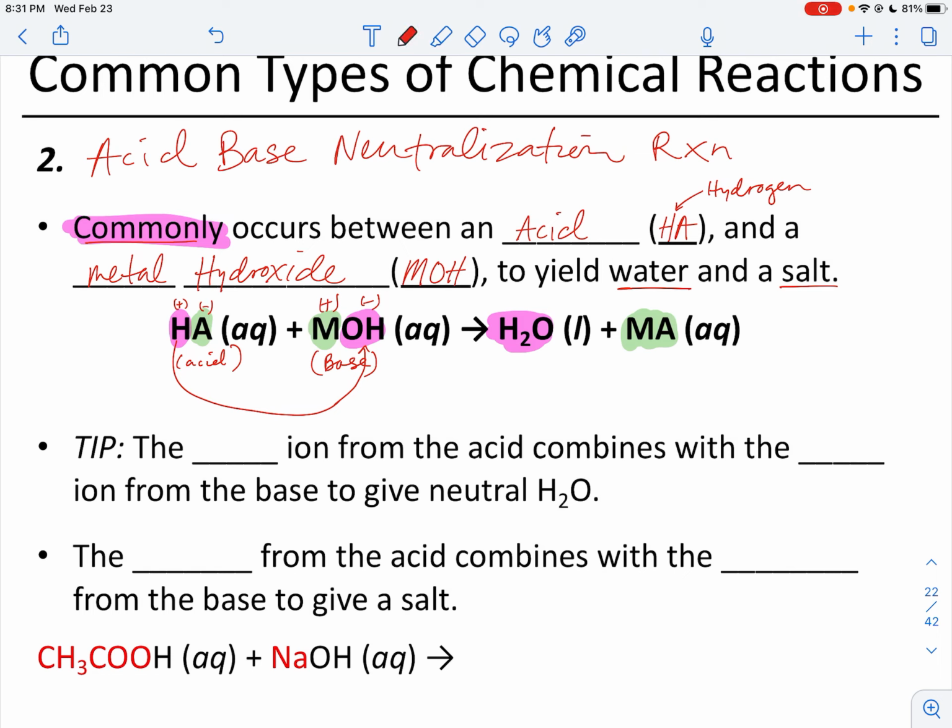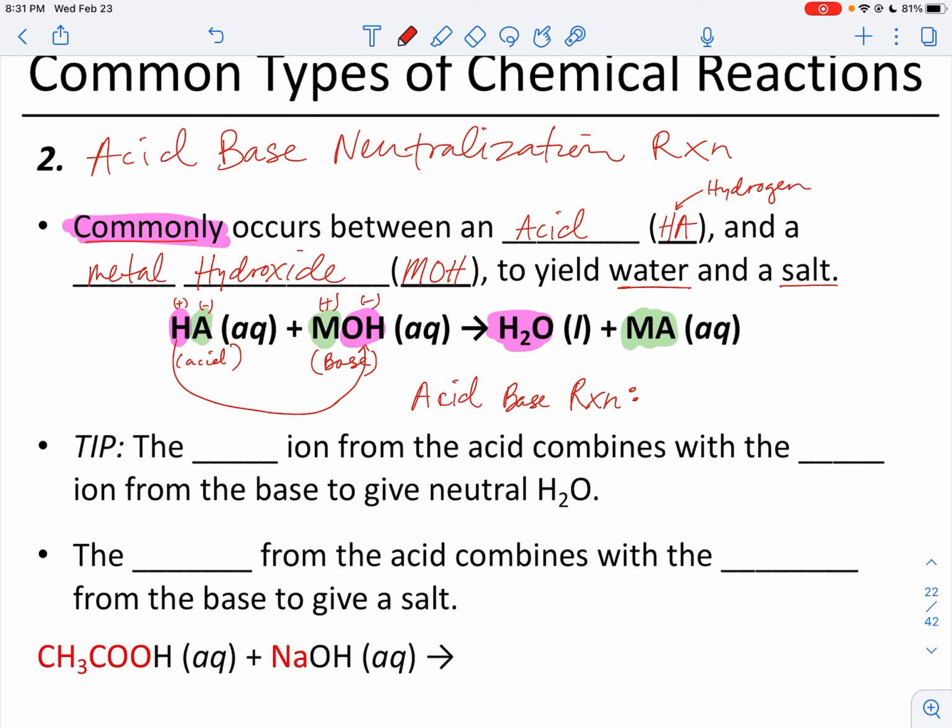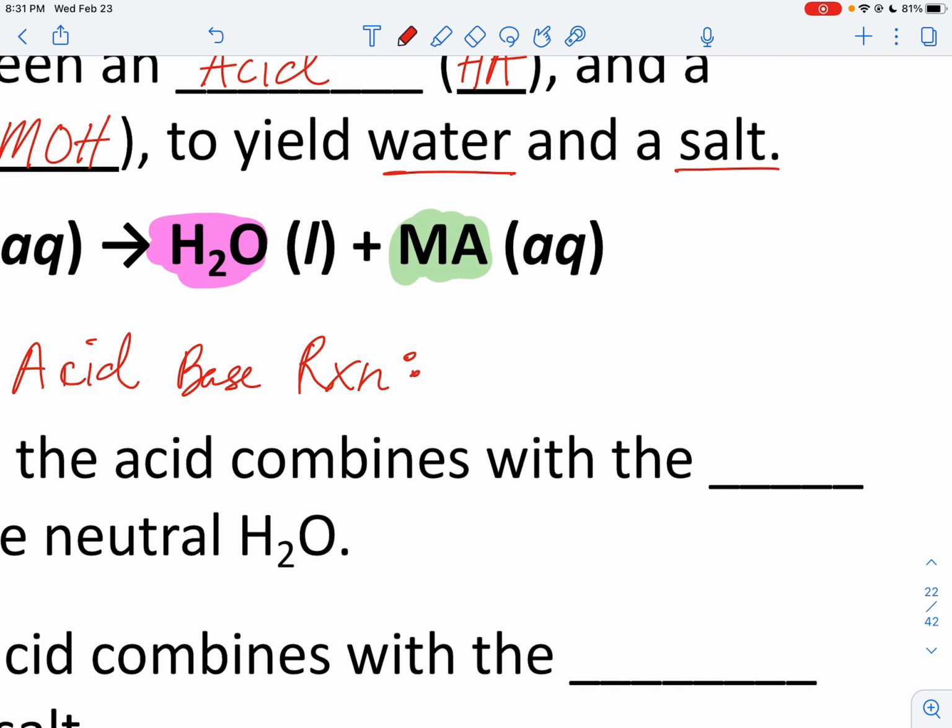But a way we could expand this definition is, let me write this, an acid-base reaction is one in which a hydrogen is transferred from acid to base.